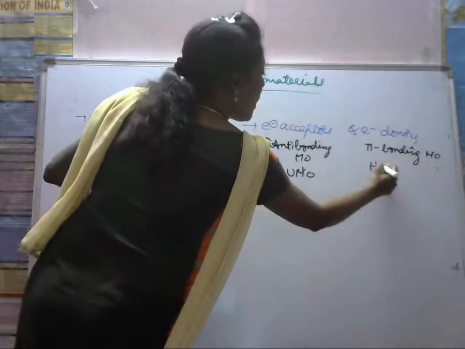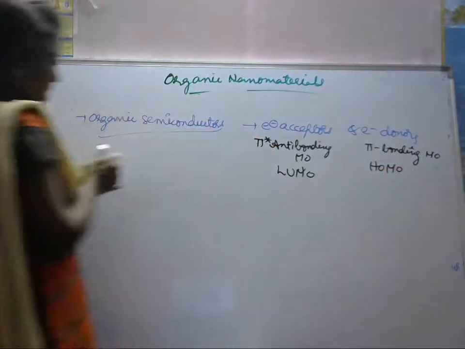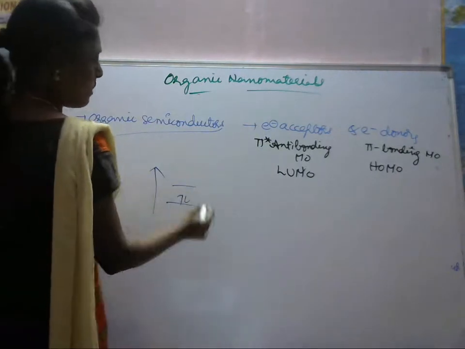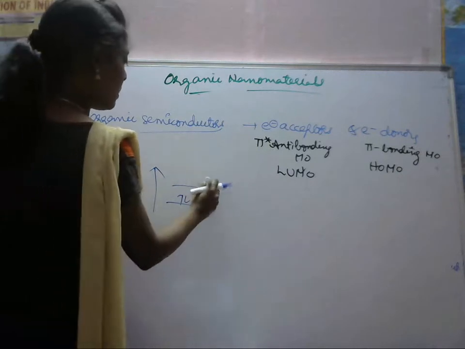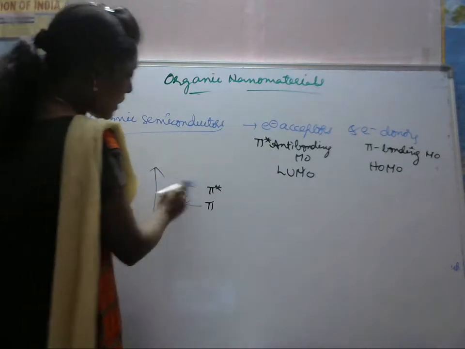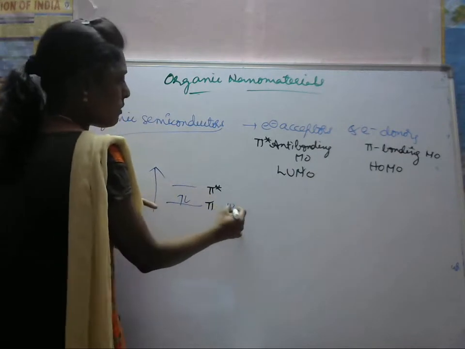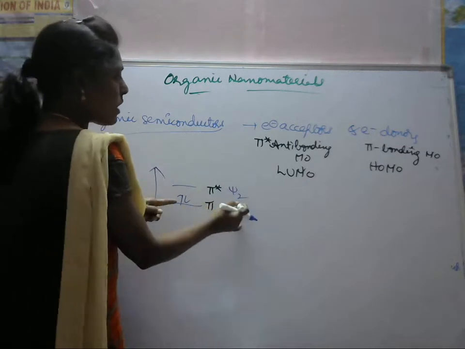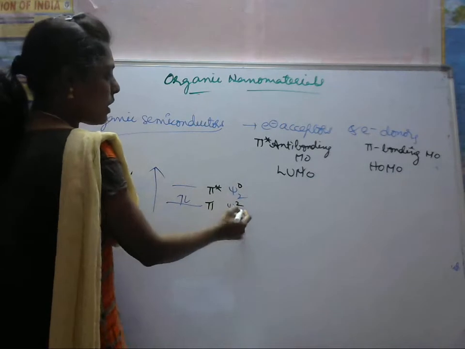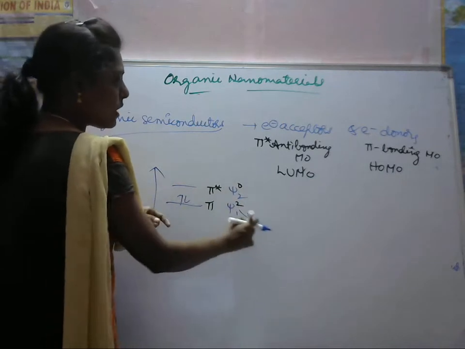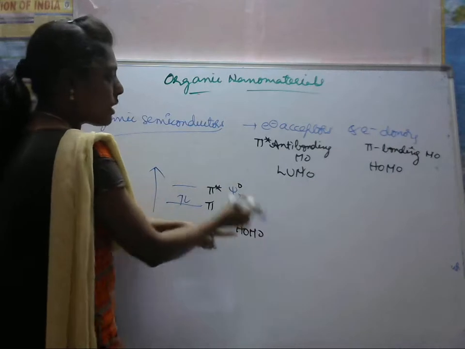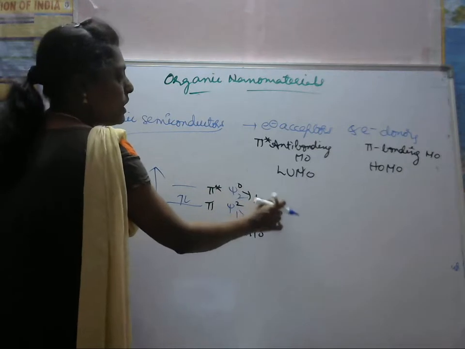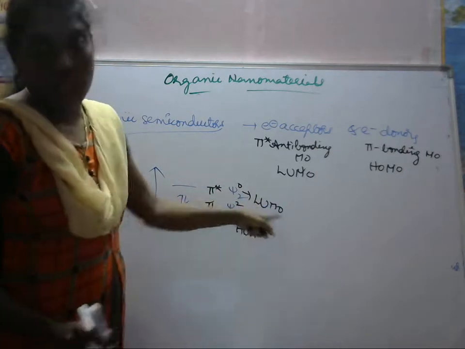This is the HOMO, highest occupied molecular orbital. Here we have psi 1 and psi 2. In psi 1 there are 2 electrons, and in psi 2 there are 0. That's why it is called HOMO, highest occupied molecular orbital. Here no electrons are there, so it is called LUMO, lowest unoccupied molecular orbital.